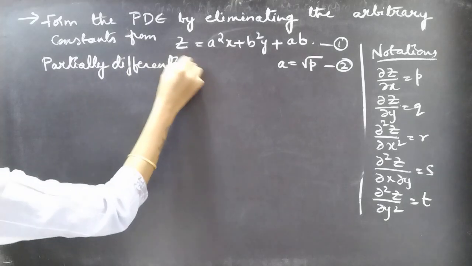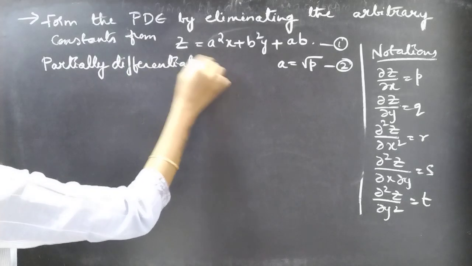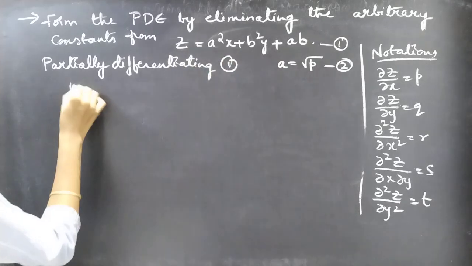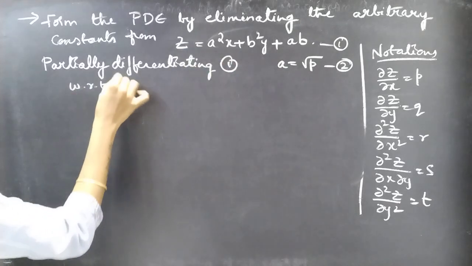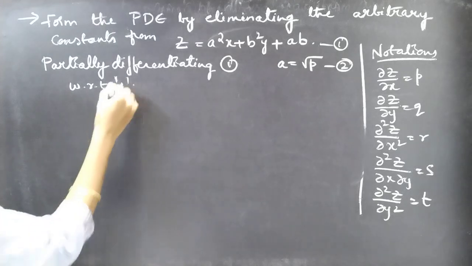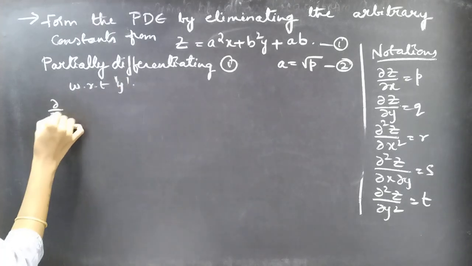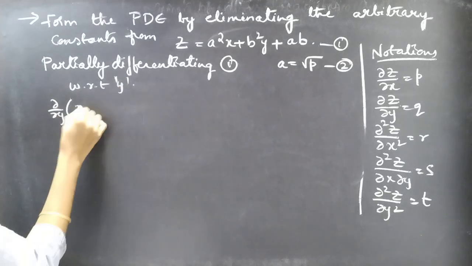Partially differentiating 1 with respect to y. Okay. Just apply dou by dou y on both sides of 1.